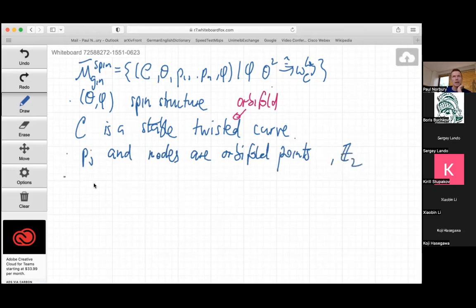And this is the log canonical bundle or sheaf, and theta. These are either sheaves or locally free invertible sheaves, say, or line bundles, say.